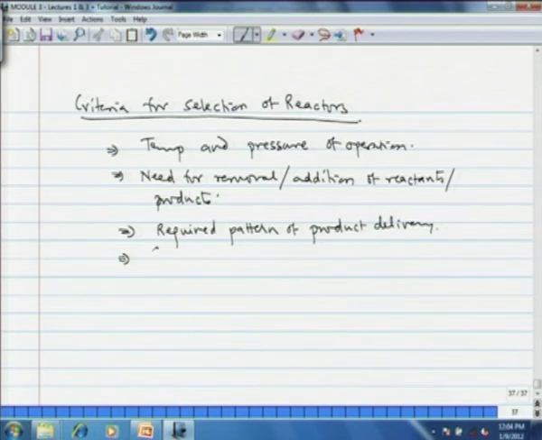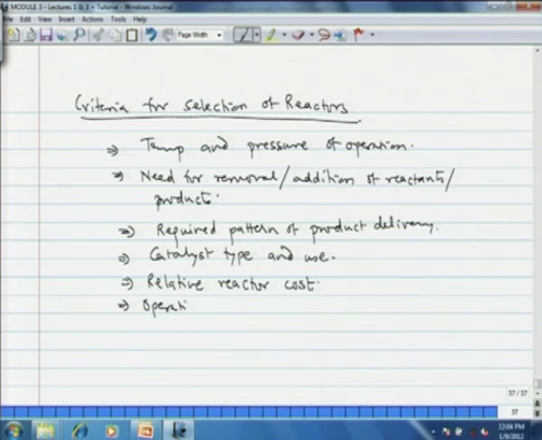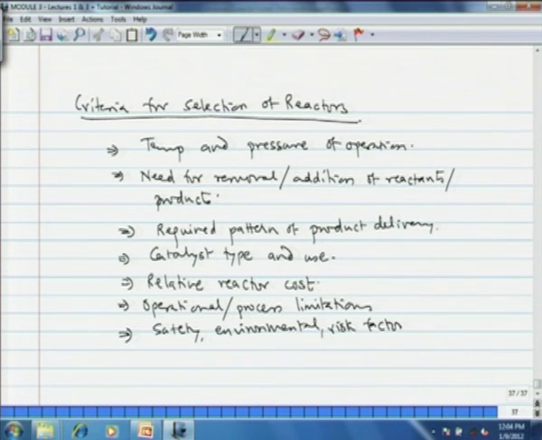Then the catalyst type and use, requirement for solid catalyst replacement and contact with fluid reactants and products, then the relative reactor cost, then the operational or process limitations, and then safety, environmental factors. So on and so forth.